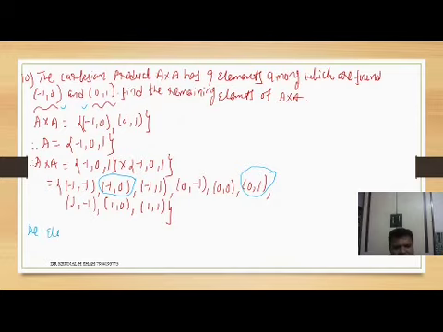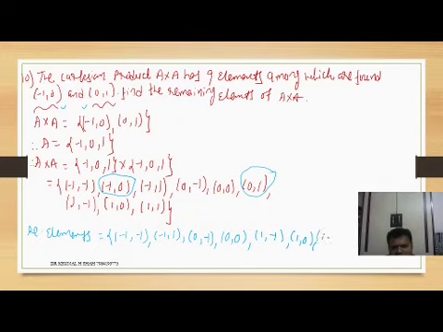So the remaining elements, I'm writing in a set form only: (-1, -1), next is (-1, 1), next is (0, -1), next is (0, 0), next is (1, -1), next is (1, 0), and the last that would be (1, 1).